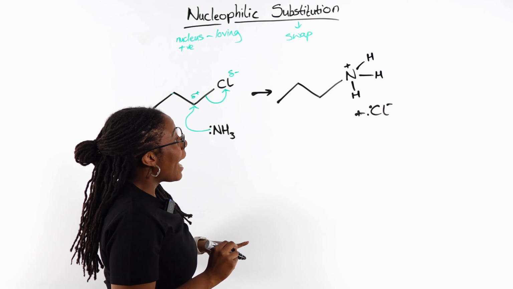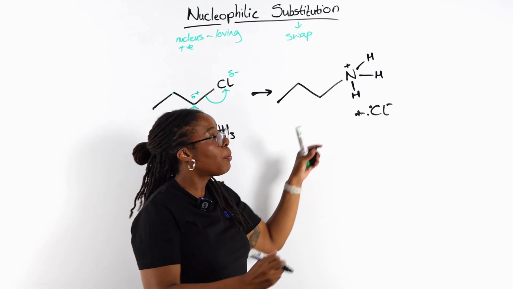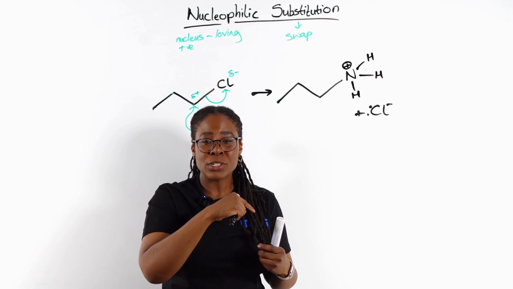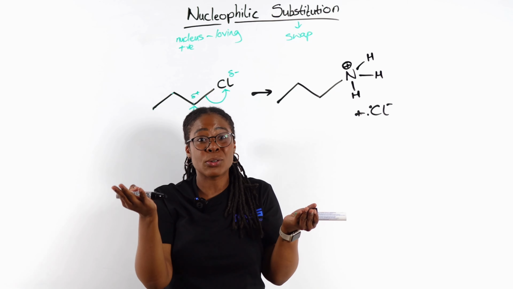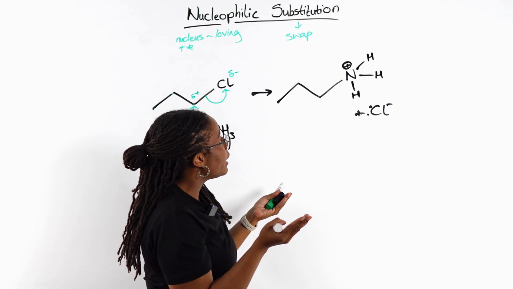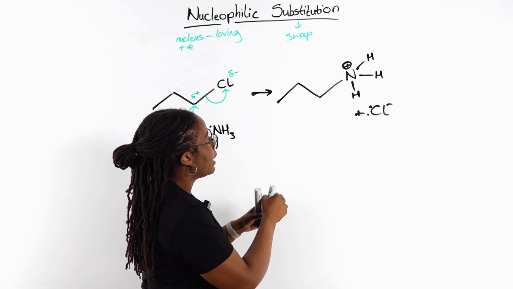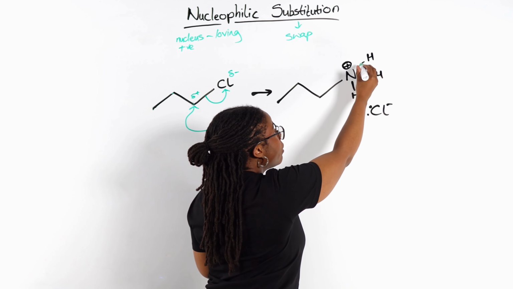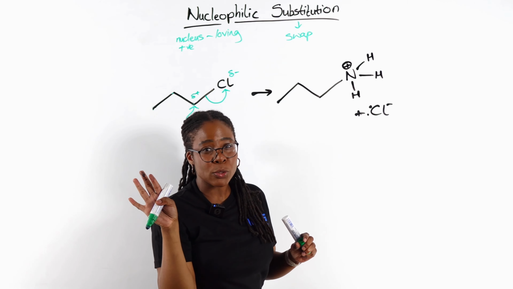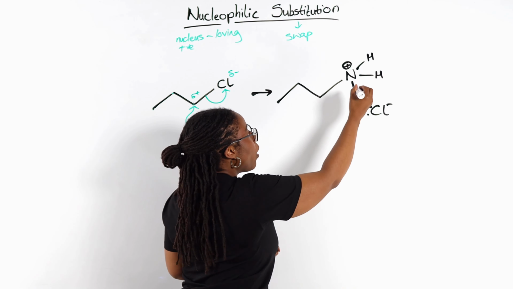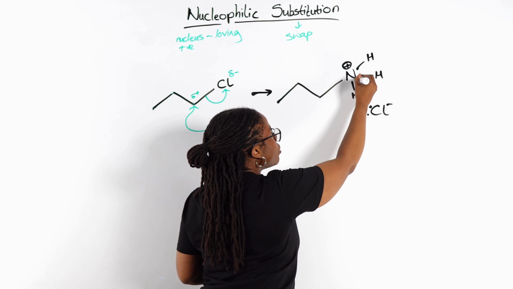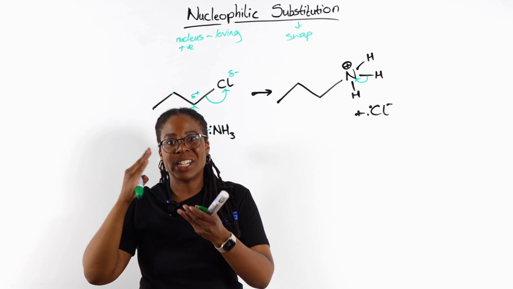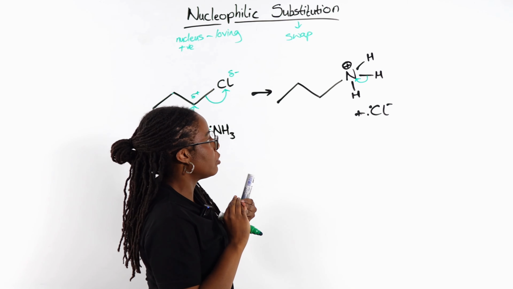Okay? And in order to get rid of this positive charge on the nitrogen, we need electrons to go back onto the nitrogen to essentially cancel out, balance that charge, which means we're going to get a second curly arrow, actually, well, a third curly arrow technically, from one of your N-H bonds, doesn't matter which one, they're all the same, from one of our N-H bonds back onto the nitrogen, to show that the electrons from that bond are now essentially cancelling out the positive charge on the nitrogen.